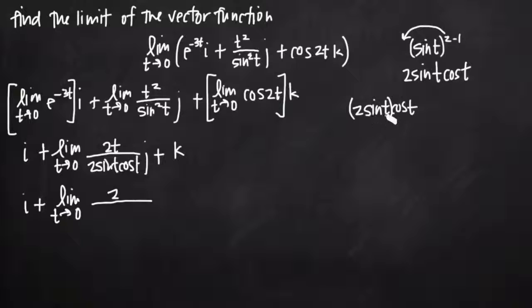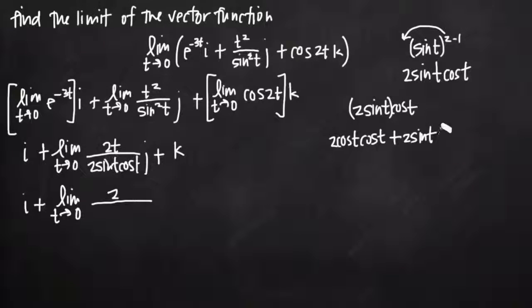Using product rule to take this derivative, we want to take the derivative of our first function. The derivative of 2 sine t is 2 cosine t. We multiply that by our second function as it is, so multiply by cosine t. Then add to that, this time we flip roles: we leave the 2 sine t alone, and then we take the derivative of cosine t.